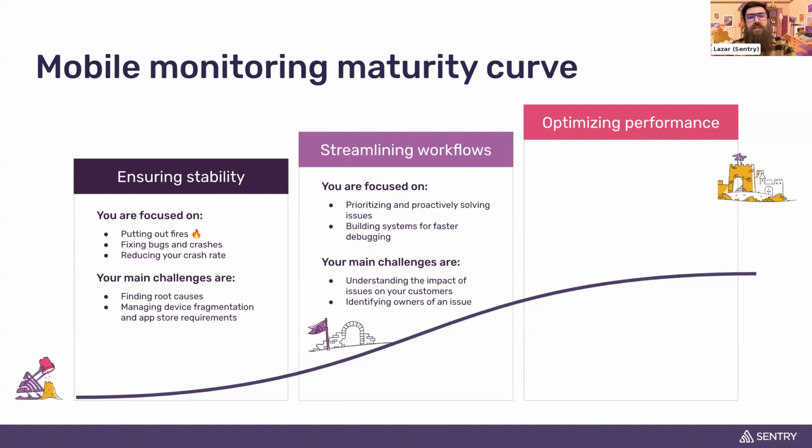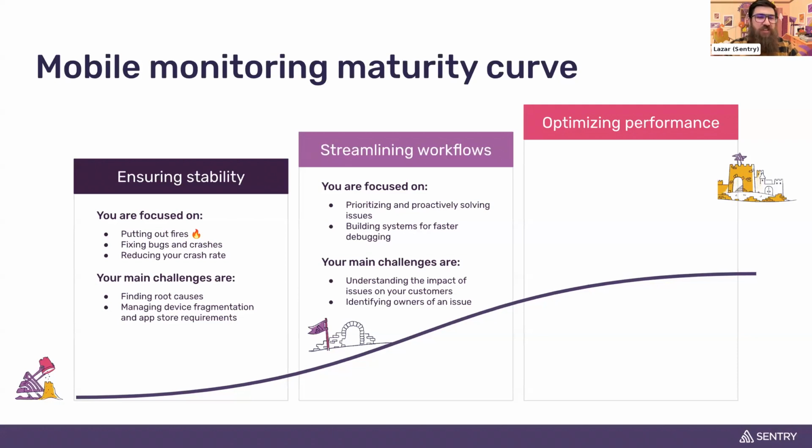And of course, building systems for faster debugging so you can make the feedback loop a lot shorter. And in this phase, your main challenges are understanding the impact of issues on your customers, and of course, identifying owners of an issue. So if you're working in a team, that can get complicated. If you're working by yourself, good for you.